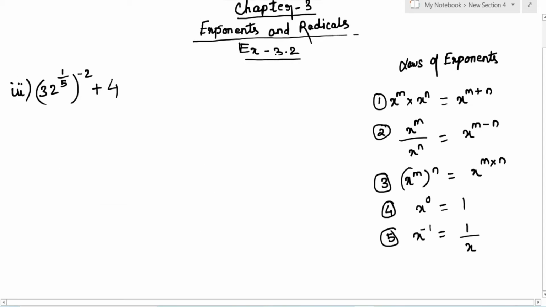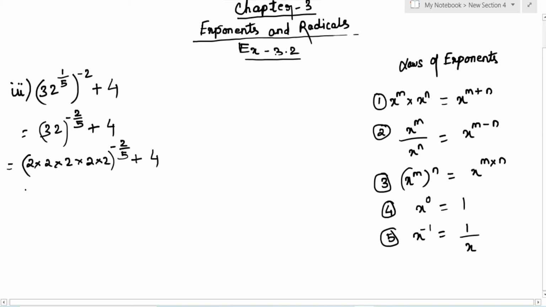Now next the third part is 32 to the power 1 by 5 whole to the power minus 2, plus 4. I already told you when there is a power of a power, it gets multiplied. So minus 2 into 1 is minus 2 upon 5, plus 4. Now 32 can be written as 2 twos are 4, 2 twos are 8, 2 twos are 16, 2 twos are 32, whole to the power minus 2 by 5 plus 4.